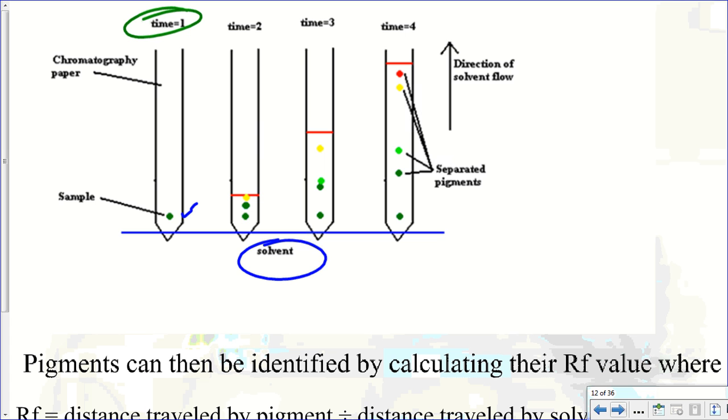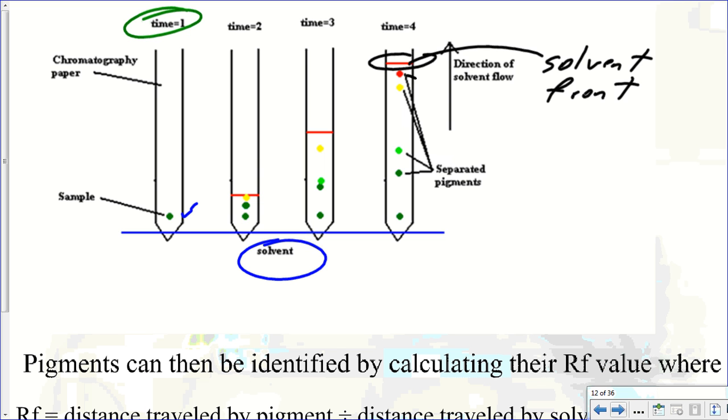Some of them are more soluble than others, so we can see in the second, the third, and the fourth time here that we are separating the pigments. So we started with one original sample, which was green in color, which we applied to the bottom. After a period of time, we have the solvent that has traveled almost to the top, and this is what we call the solvent front. Some of the pigments are very, very soluble, and they travel the entire length of the solvent.